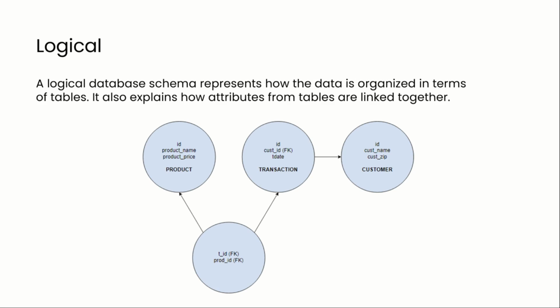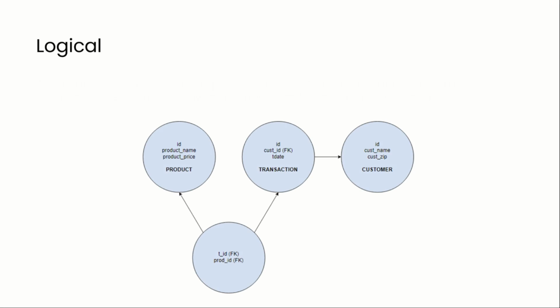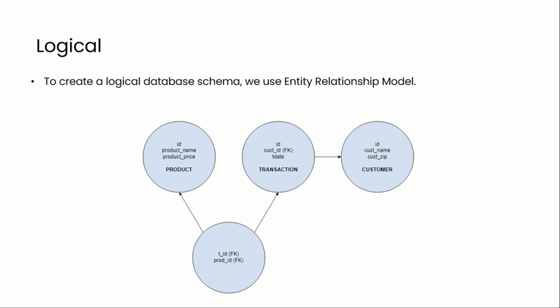The schema diagram below is an example of an ER model. To create a logical database schema, we use the entity relationship model. This is a model which will help us to visualize our tables. It will help us to understand how our table will look.